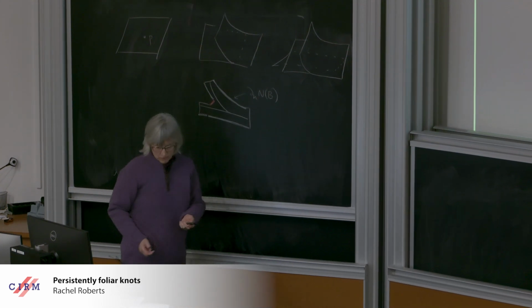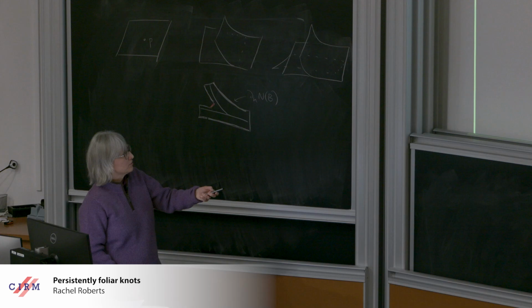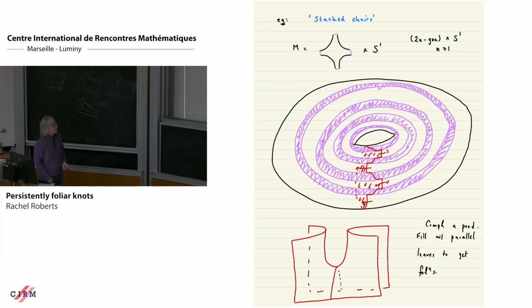I'm not going to say very much about them, except if we look at our previous example here, you could think about those purple annuli as corresponding to sutures. And our foliations are going to be transverse to the purple and tangent to the white. So they're going to be transverse to the sutures, and they're going to be transverse to the complement of the sutures.